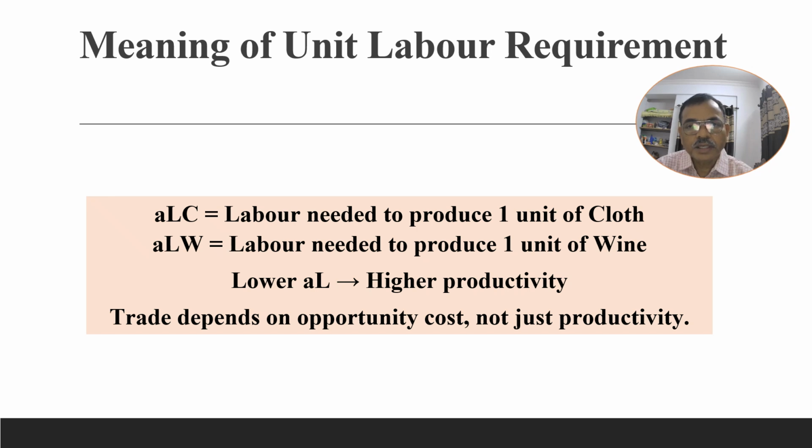Let us now understand an extremely important concept in the Ricardian model, that is the unit labor requirement. The term ALC represents the amount of labor needed to produce 1 unit of cloth.